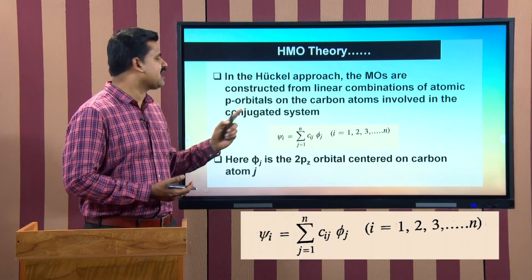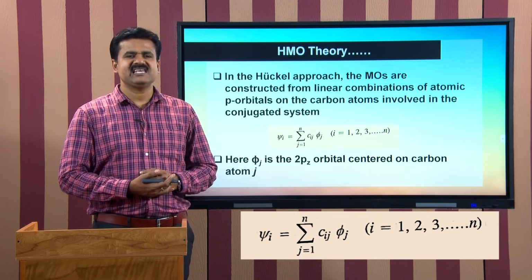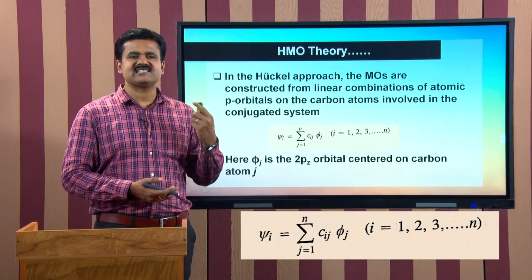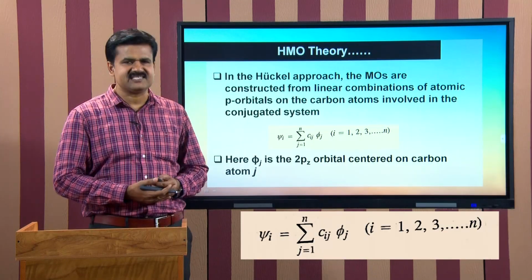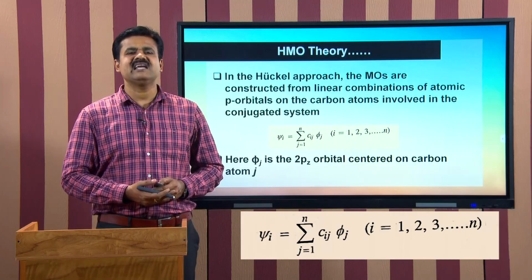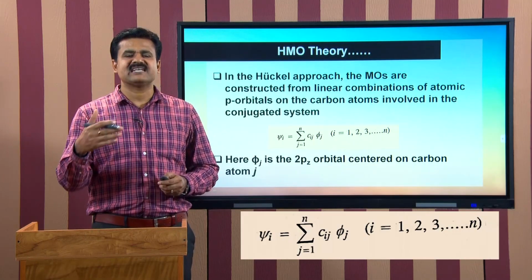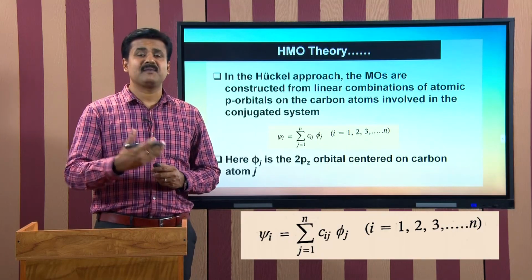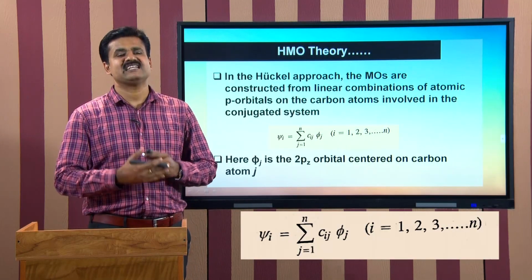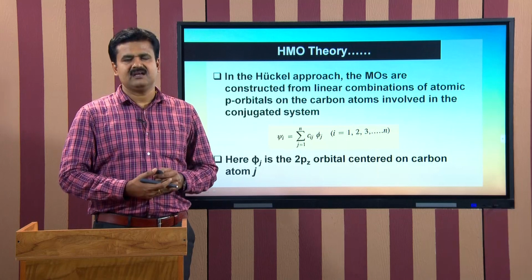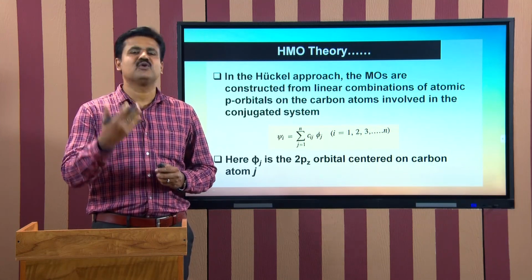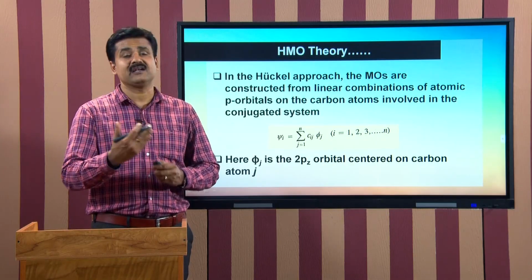The ith Huckel molecular orbital psi i is equal to sigma j equal to 1 to n of Cij phi j, where i is equal to 1, 2, 3 etc. up to n, where n represents the maximum number of pi electrons present in the system. For example, 1,3-butadiene is a 2 double bonded system, or a 4 pi electron system.